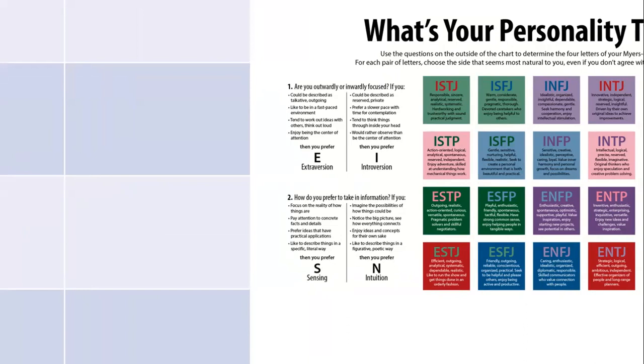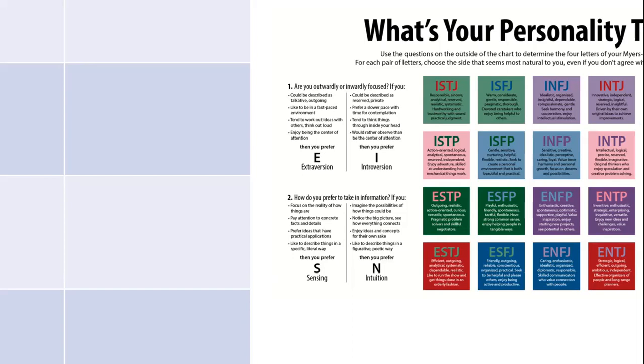Let me show you what outwardly focused means. Outwardly focused means extroversion. So can I describe you as talkative, outgoing, likes to be in a fast-paced environment, tends to work out ideas with others and thinks aloud, and enjoys being the center of attention?